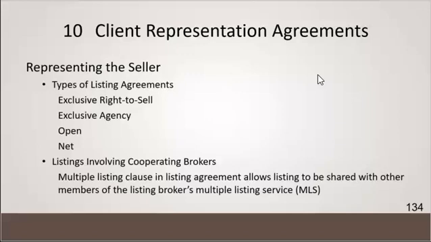The exclusive agency says there must be an agent on both sides of the table for me to get paid. Or the other way to look at that is I get paid a commission no matter what, except, here's the only exclusion, if the seller himself finds the buyer.